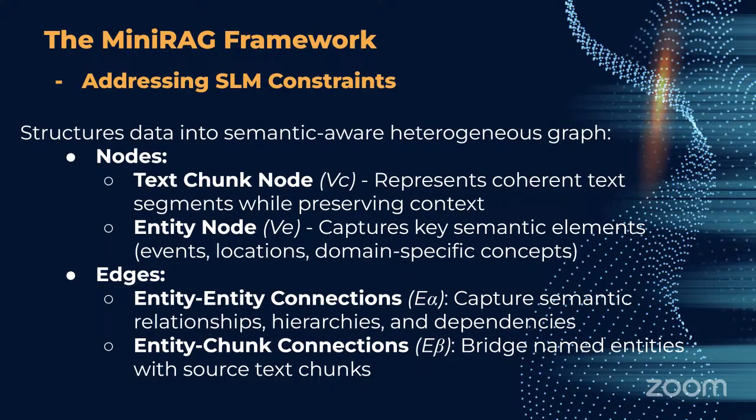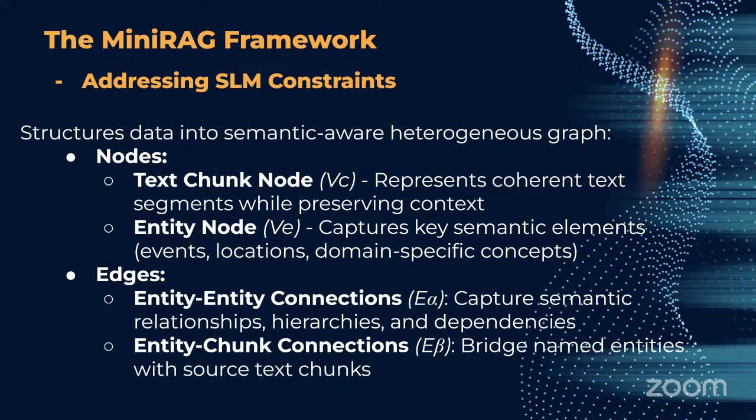And then entity nodes, which represent key semantic elements, key elements that need to be understood for the RAG itself. So these can be locations, they can be events, they can be people, they can be ideas. Say, some of the different entities are restaurants, it might be food items, things like that.